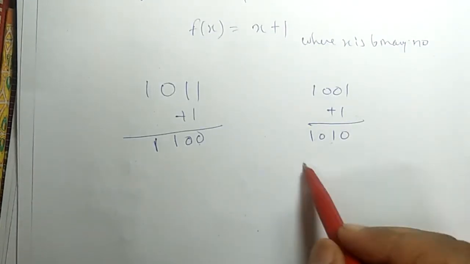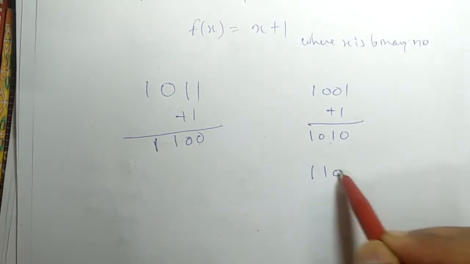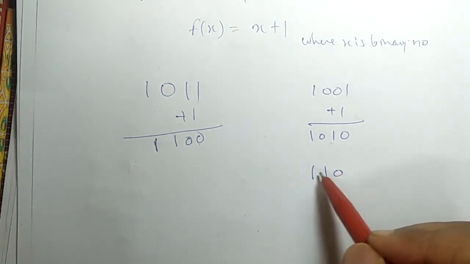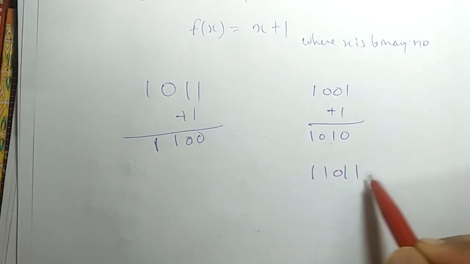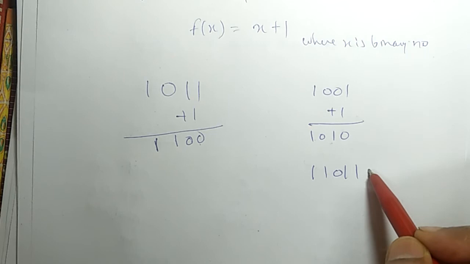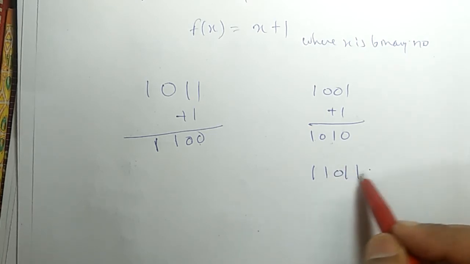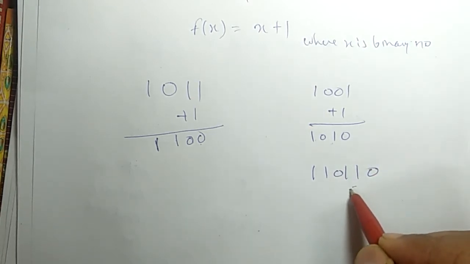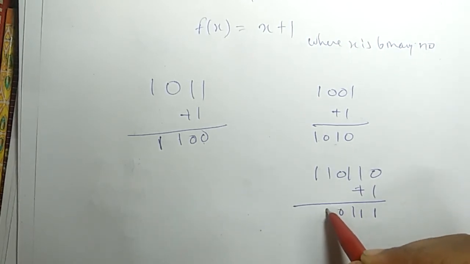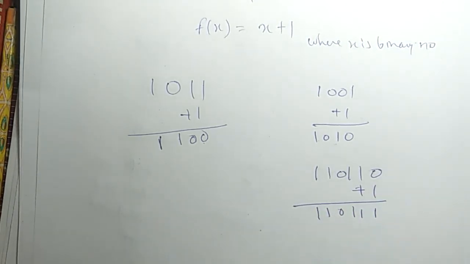Suppose we have 1 1 0, we have 1 1 1 1, and we have 0. Suppose we are adding 1, it becomes 1 1 1 0 1 1.